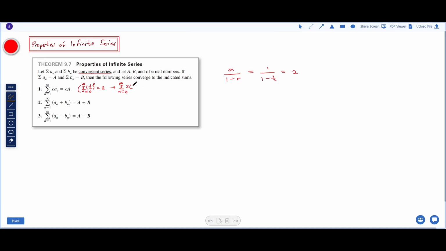But 3 times 1/2 to the power of n will just come out to be 3 multiplied by 2, which is 6. Right? So if you multiply the indicated a sub n by a constant multiple, then whatever this original sum converges to also gets multiplied by a constant multiple.